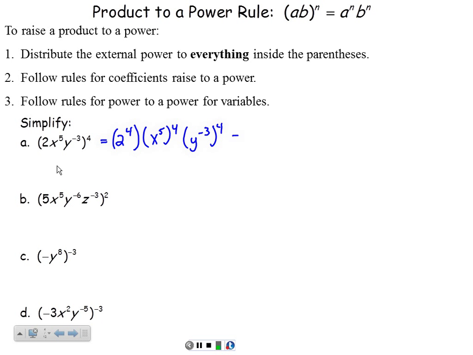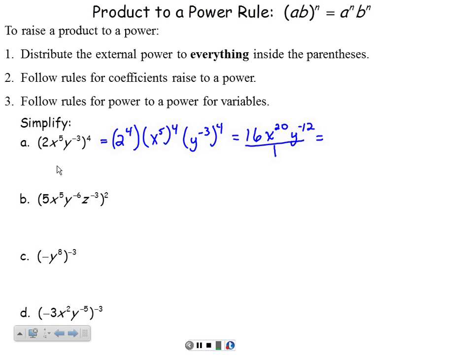And then from here, we're just going to simplify. So 2 to the 4th power is 16. And then x to the 5th to the 4th is x to the 20th. And then y to the negative 3 to the 4th is y to the negative 12. Now your answer needs to have positive exponents only. So remember, if you don't see a fraction, make it into a fraction.